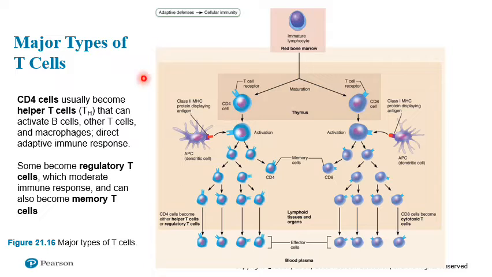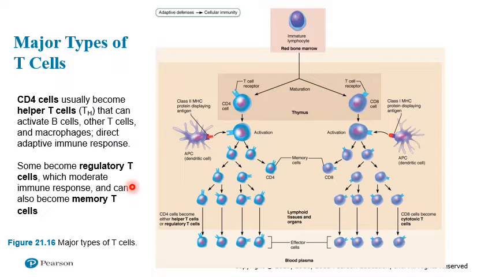So some of the CD4 cells become regulatory T cells, which moderate immune response, and can also become memory T cells. What are memory T cells? Memory T cells are the cells that have in their memory the ability to recognize an antigen. And therefore, if there's going to be a secondary infection of the same antigen, they can already spring back into action.